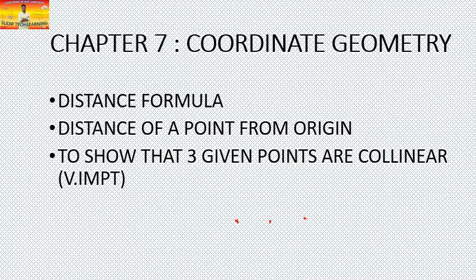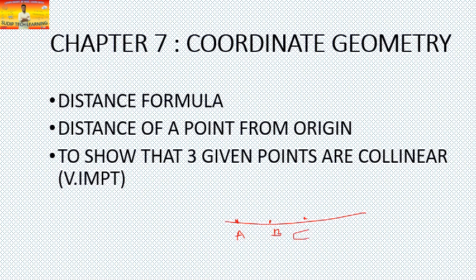I hope you can see, I'll make it a little darker. You have to show that these points are collinear. What is the meaning of collinear? My line is not straight, but you have to show that they are in a straight line. How will you show that? Consider this as A, this as B, and this as C.